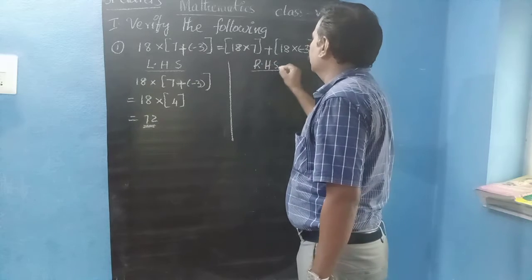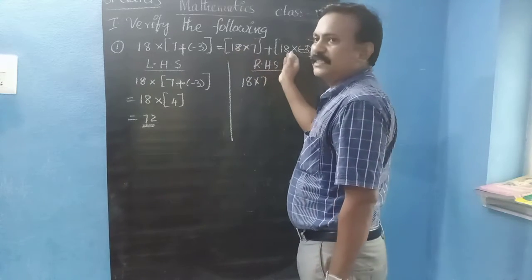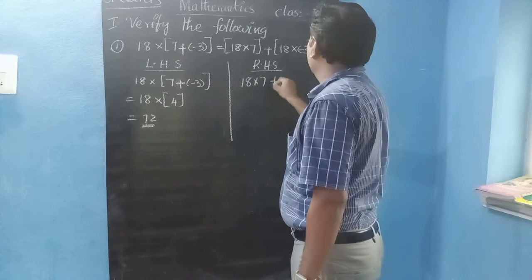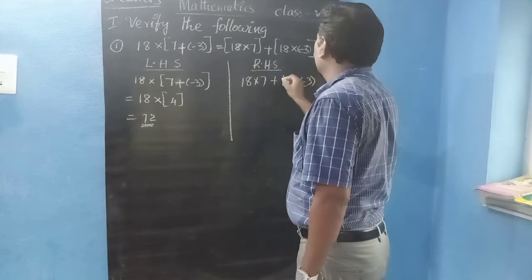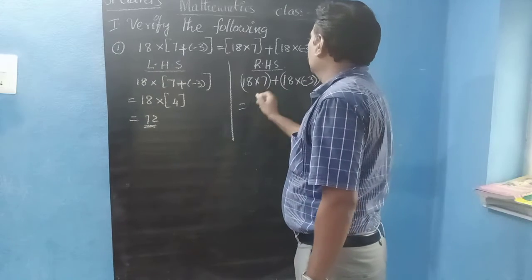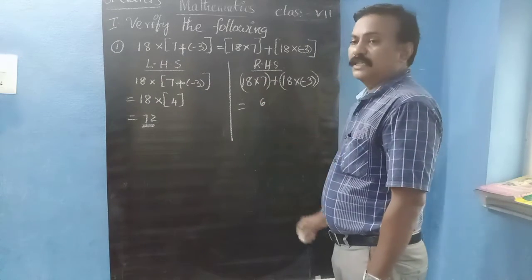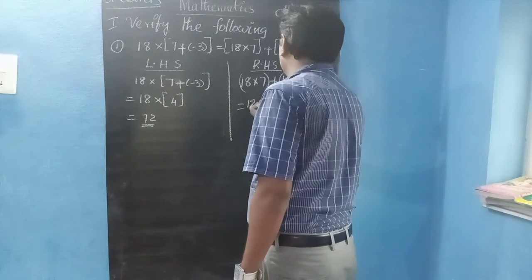Now come to the RHS. RHS means right hand side, children; LHS means left hand side. 18 into 7 plus 18 into minus 3. 7 8's are 56, 7 1's are 7, 7 plus 5, 12, 126.